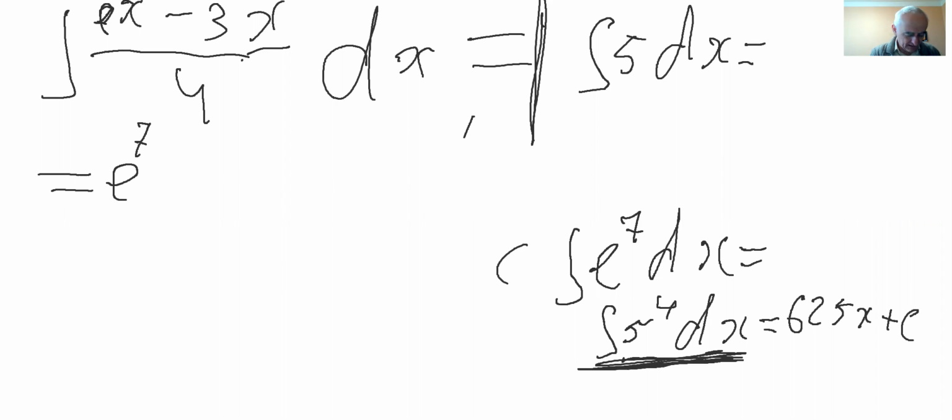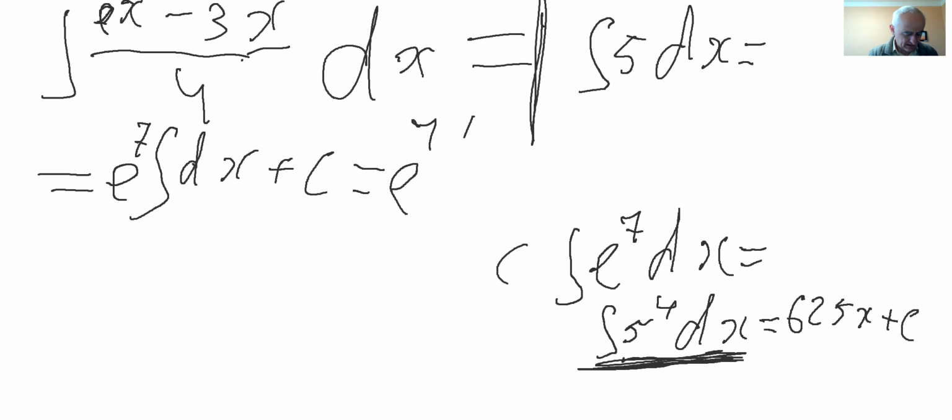It's constant, and it's integral dx plus c. And we know integral dx is x, so we have e to power 7x plus c. Any questions about it?